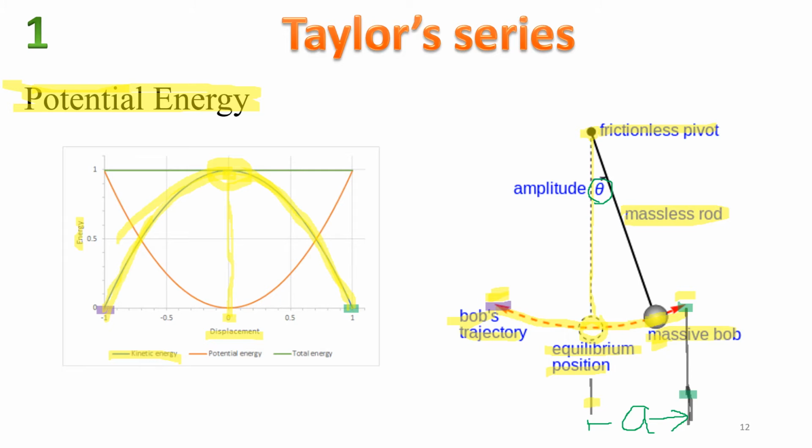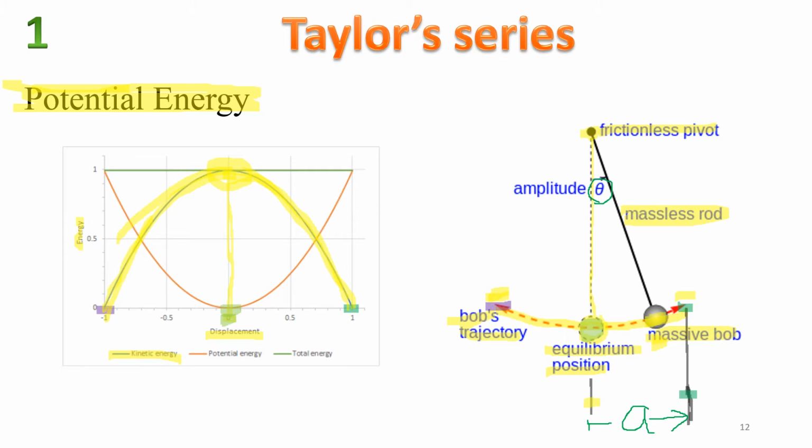Now we shall try to understand the potential energy. The potential energy of the bob is minimum in the equilibrium position, and it can be shown here, and the red line which I am trying to highlight corresponds to the zero energy.